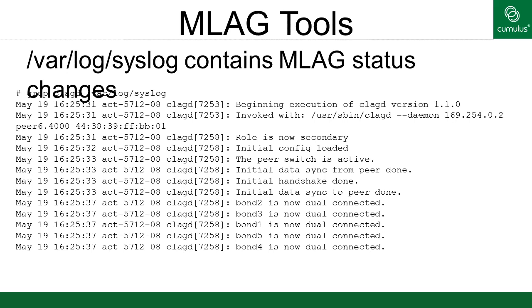Next question. Do you recommend connecting 3, 4, or more pairs of switches this way? Okay. So currently, our MLAG only supports 2 switches. And quite frankly, you're getting a little crazy if you get to 3 or 4.